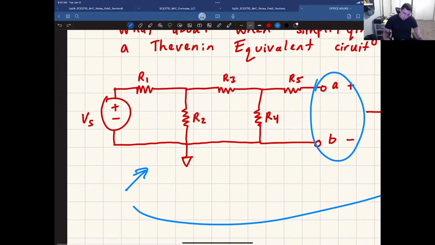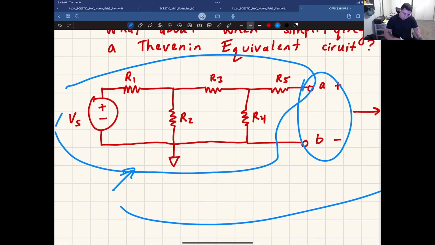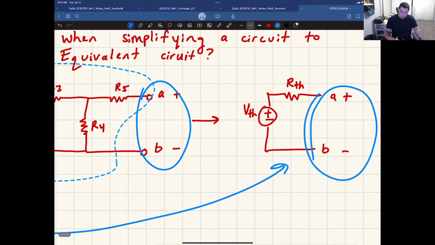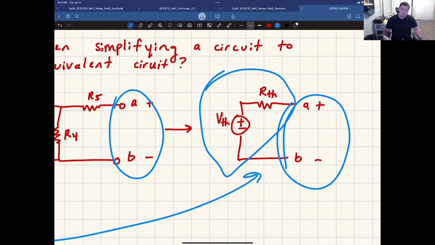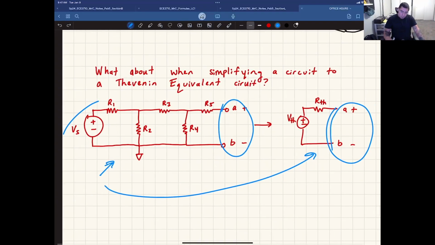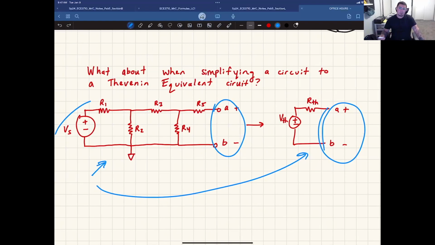I want to simplify it to just this. If you immediately just canceled R Thevenin, I don't know the R Thevenin of my robot arm anymore. So this is when you cannot remove a resistor. You cannot remove a resistor when you're simplifying a circuit to a Thevenin equivalent circuit.